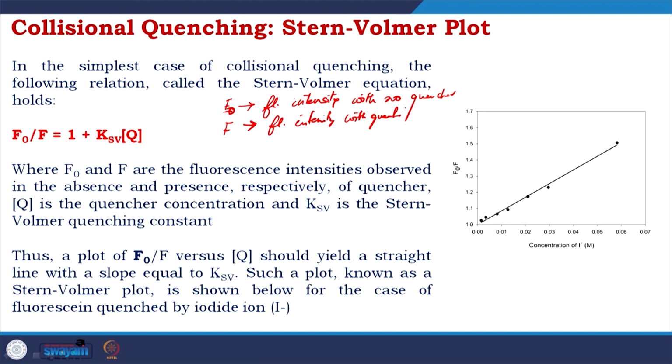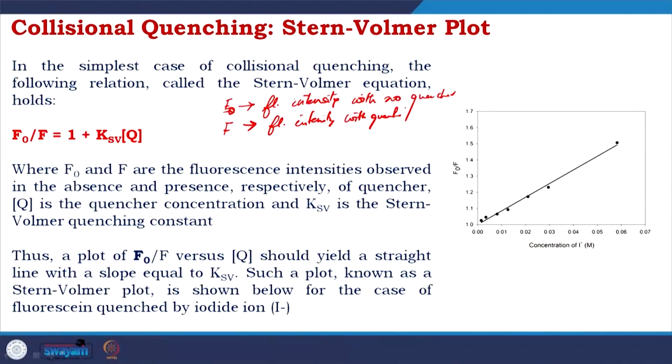So, this is giving you the measurement of how the quencher is influencing, by getting the ratio of F0 by F. Okay. KSV is the Stern-Volmer constant and Q is the concentration of the quencher.